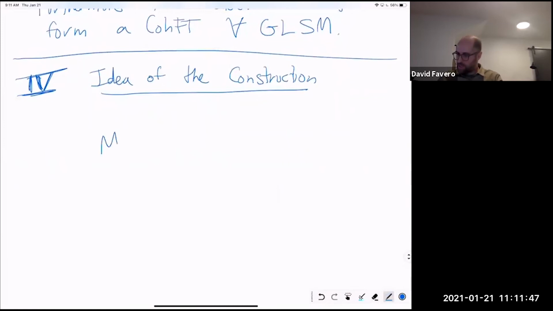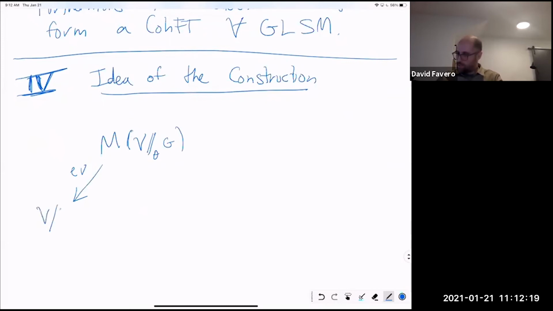Maybe I should, instead of X, put V mod theta G. And here we have again V mod theta G, and a forgetful map to MGR bar.